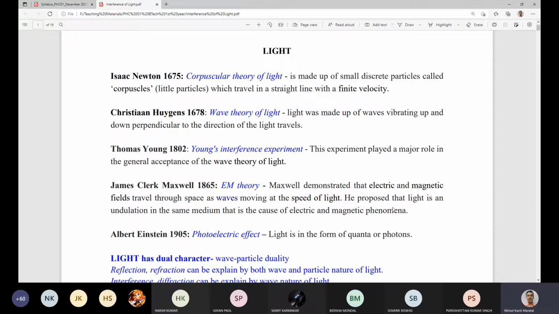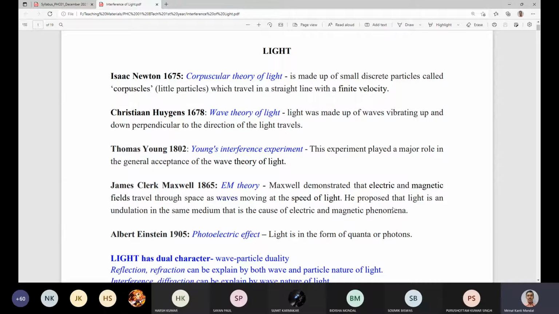He tried to explain the observed phenomena, but he failed to explain his experimental observation based on the corpuscular theory, and it could be explained satisfactorily with the help of wave theory.